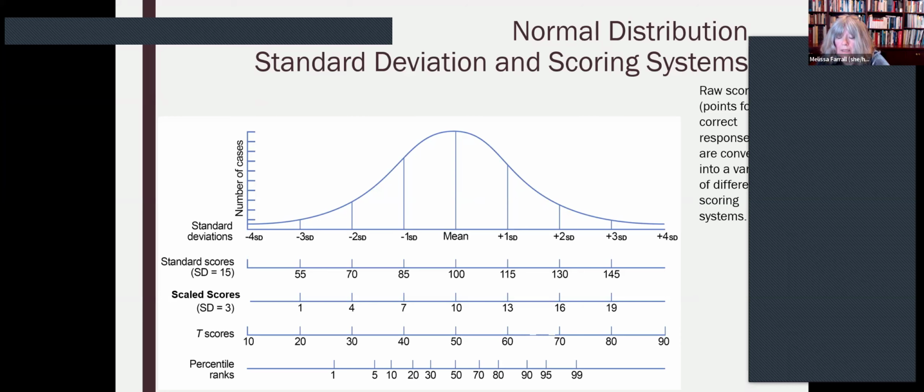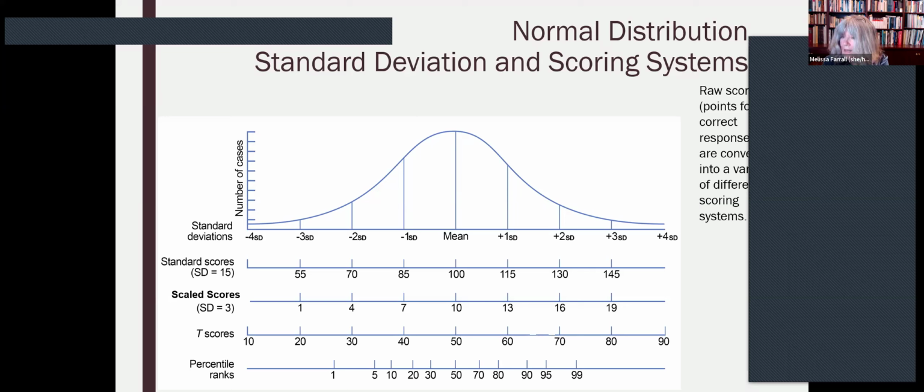we can also place kids a different way along that bell curve, and they're called percentile ranks. When I think about them, I think about kids standing in line from weakest to strongest, from that first percentile rank all the way to that 99th percentile rank, right? Smack dab in the middle, my middle score is that 50th percentile rank.